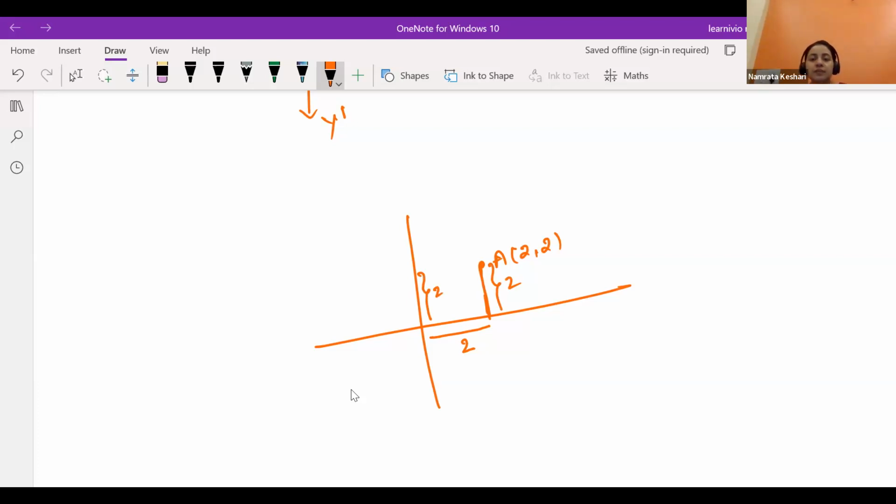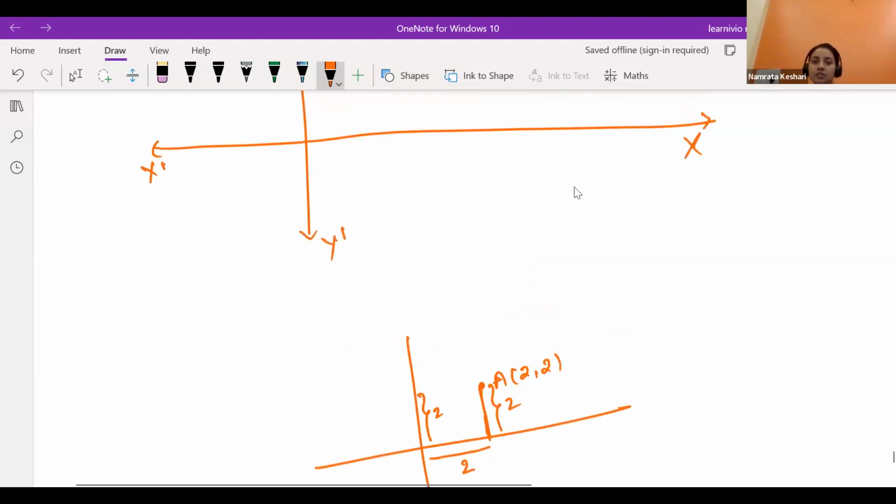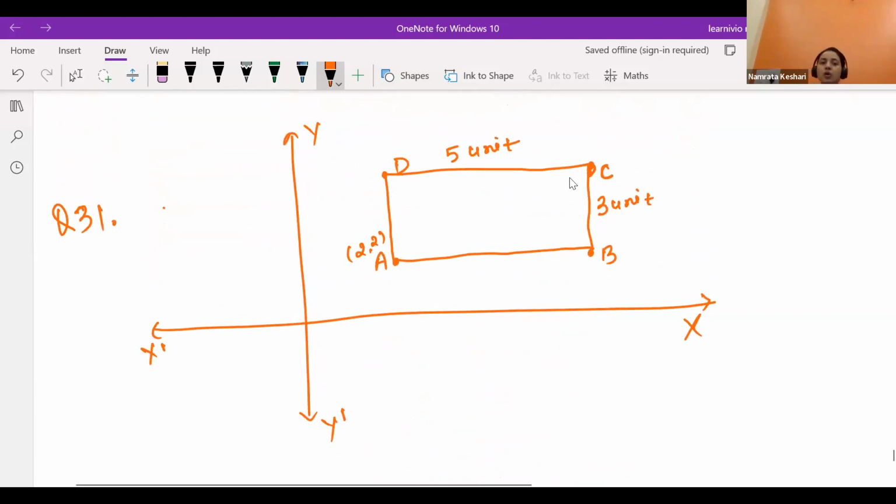Yes, ma'am. So this A is 2 comma 2, that means here x is 2, and this much y is also 2. We have to find the coordinate of C from here.